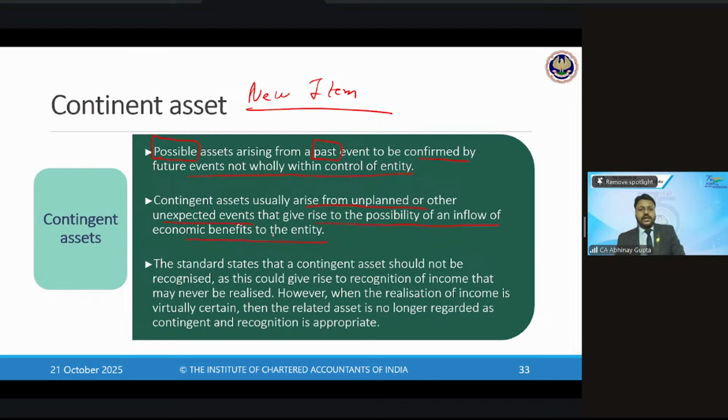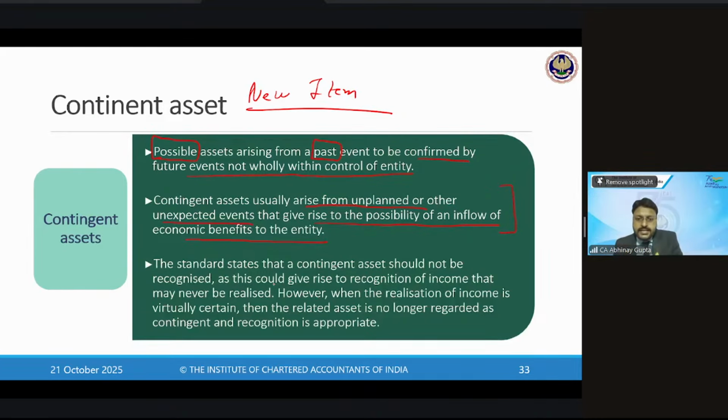Something the company did not plan or was not expecting, but suddenly by the mercy of God or nature or by luck, the company is getting some windfall gains, right? So those unexpected events which the company was not expecting to turn in their favor are actually turning in their favor and resulting in some inflow of economic benefits. So this is the contingent asset.